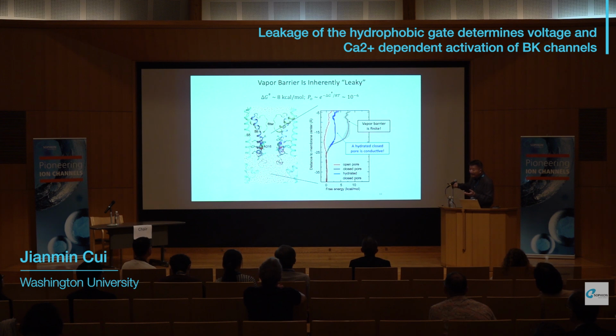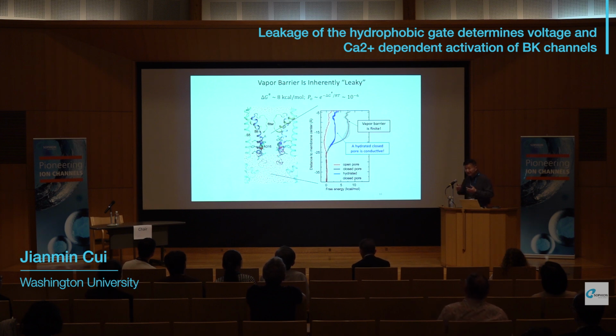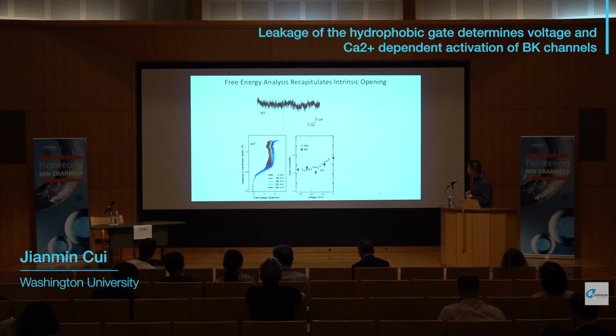If you give a sufficient driving force for the ion, the pore will occasionally have water in it, will drive water into the pore, and the pore becomes leaky. This calculation based on 8 kcal per mole gives an open probability of 10 to the minus 7, which is very close to where we measure the intrinsic opening, 5 to 10 times 10 to the minus 7.